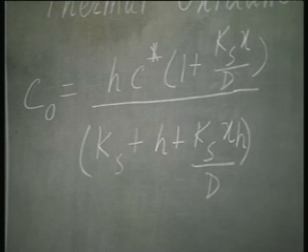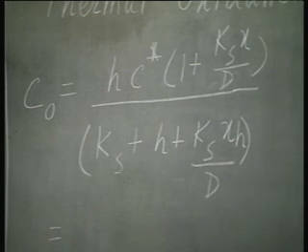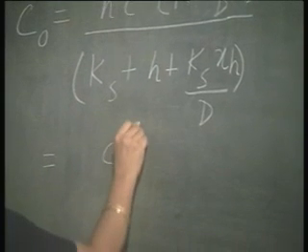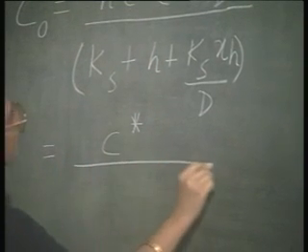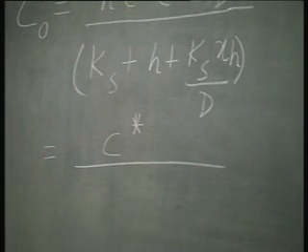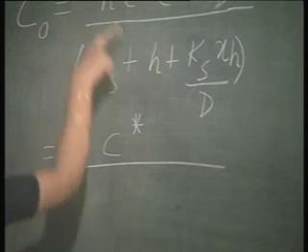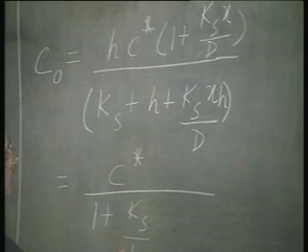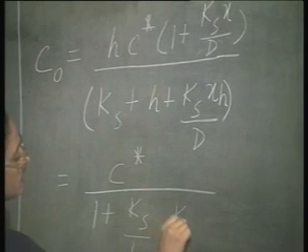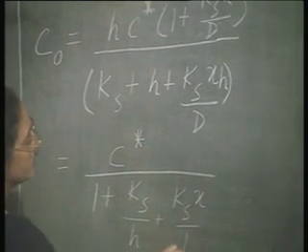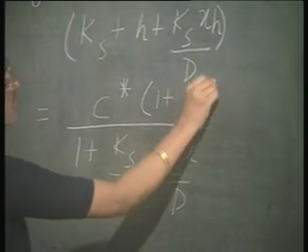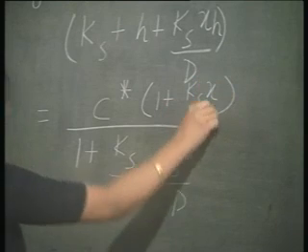Or I could further simplify it and write it like C star, dividing it by h, I could write it as 1 plus Ks by h plus Ks x by d into 1 plus Ks x by d.